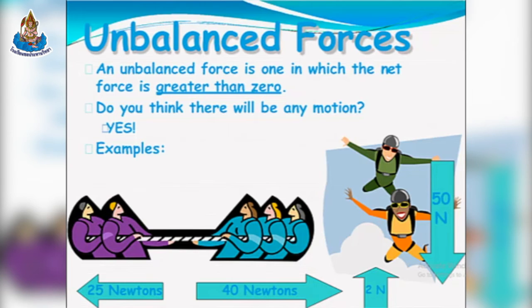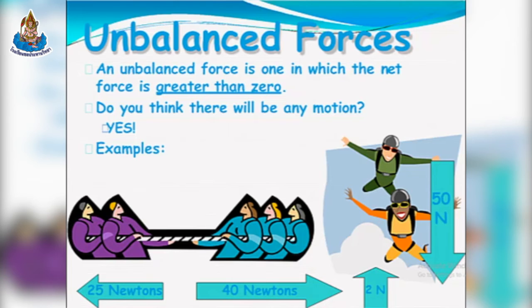Team 1 in the purple shirt is exerting 25 Newton, while the blue team is exerting 14 Newton. What do you think will happen? Will there be any motion? Of course, yes, because they are applying unbalanced forces. But where do you think is the direction of the force? Right, to the right, because they exert more force.